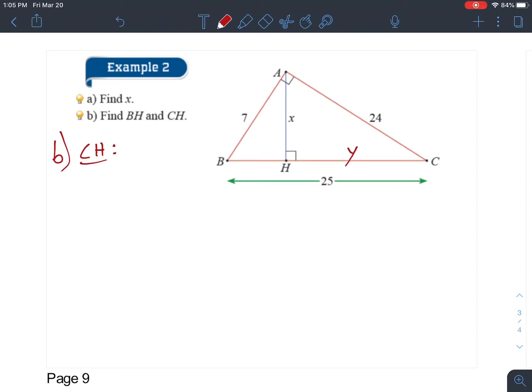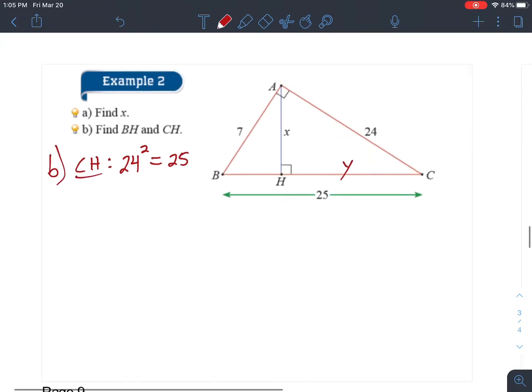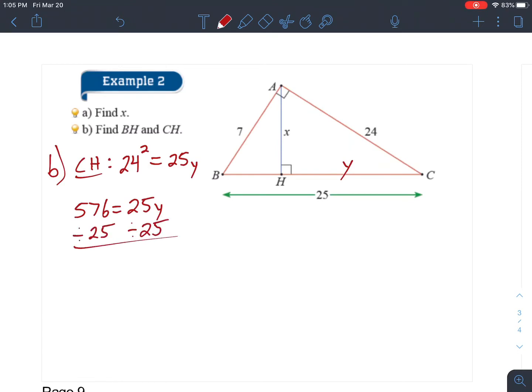CH is going to be 24 squared equals Y times 25. Okay. 24 squared is 576. We need to divide by 25. And we get 23.04.